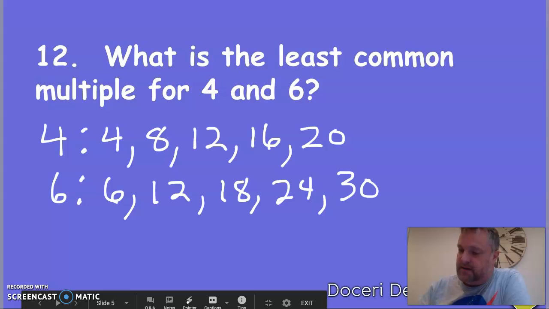Okay, now I want to look for the smallest multiple they have in common, and I can see right here that it's 12. So the LCM, or least common multiple, is 12. So this is your example for number 12, that the least common multiple for 4 and 6 would be 12.